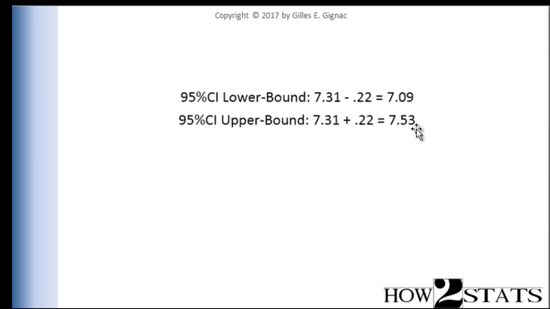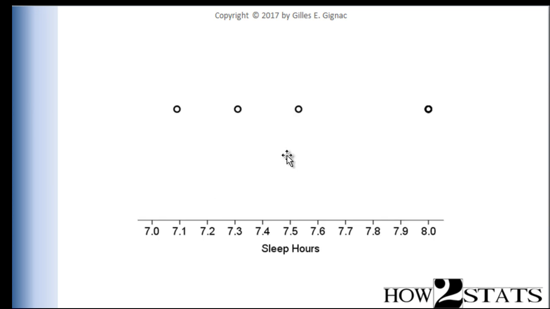We can go back here, 7.53 exactly. So this value here is 7.53, and because this upper bound did not go further than 8, we can conclude that there's a statistically significant difference between the sample mean provided by Kripke and my long-held impression of 8 hours per night, which is the non-sample mean.